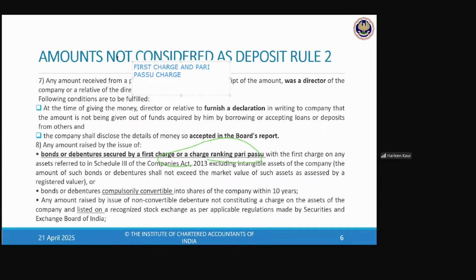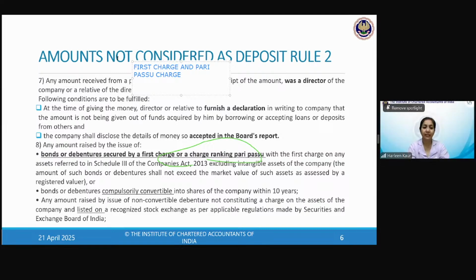All right. So everyone has given the correct answer. So we understand the meaning of first charge is that we are trying to give a security. A lien is being created on the assets. Now my car is with the banker because I have taken a loan of 10 lakh rupees. And tomorrow, if I fail to repay the loan, they are going to dispose of my car and they're going to recover their money.